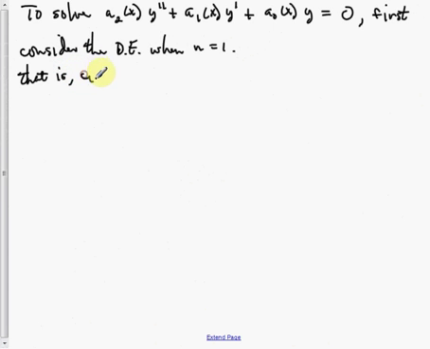That is, consider a sub 1 of x times y prime plus a naught of x times y equal to 0.